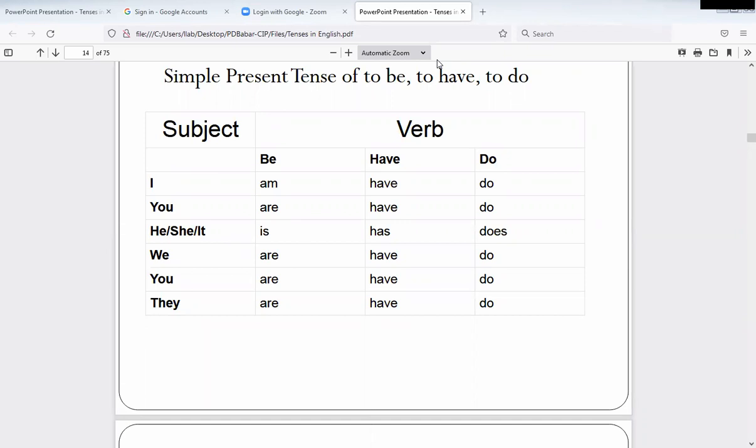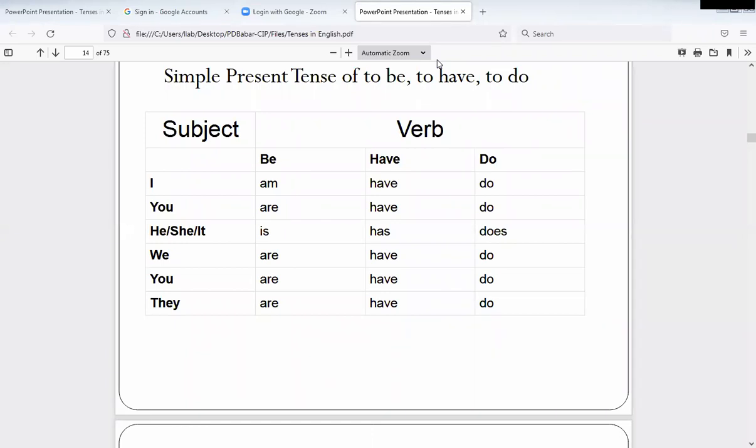So after they, the to be form, we are using the verb are as a to be form of verb. They are teachers, they are lecturers, they are engineers. We will use are as a to be form after they.